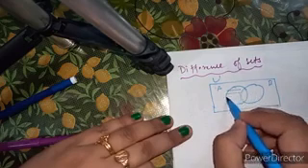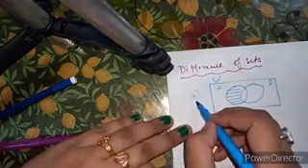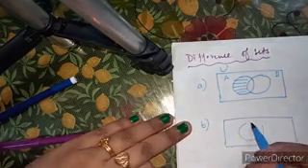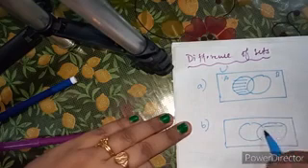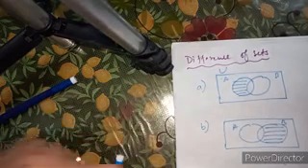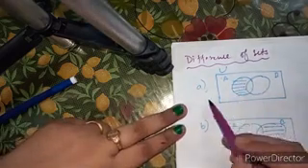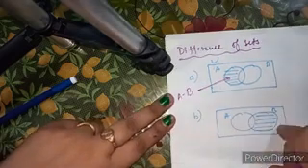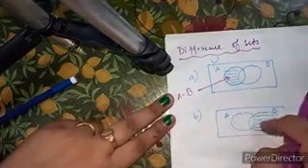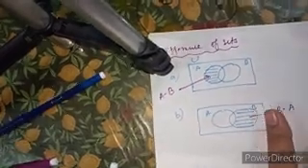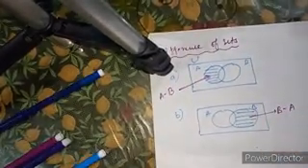Now if I shade only this part, there is a meaning. This whole part is A, but this shaded part will be termed as A minus B. This whole part is B, but I'm shading only this part, so this will be known as B minus A. I'll take a few examples and help you out with how to do it.